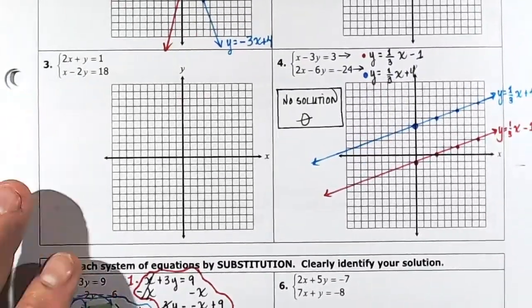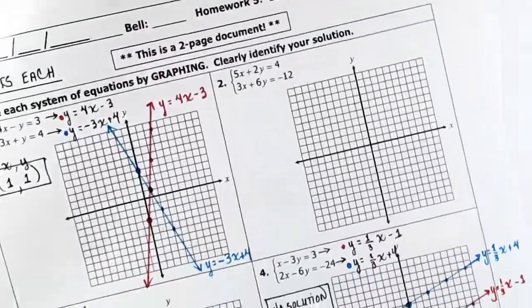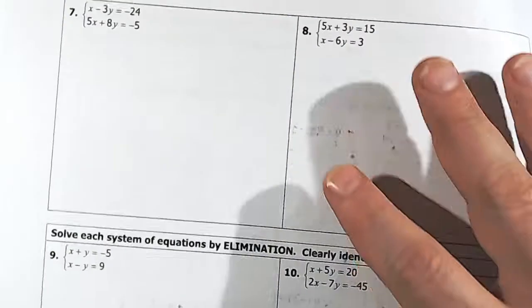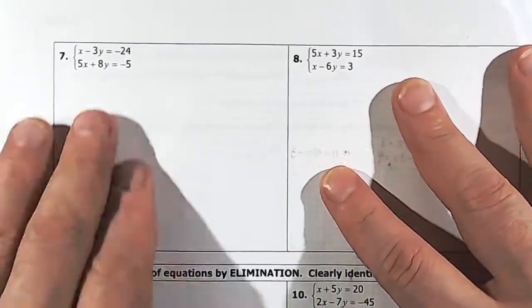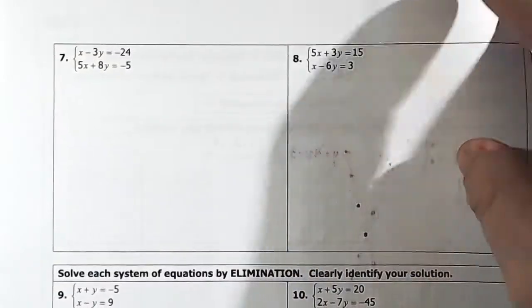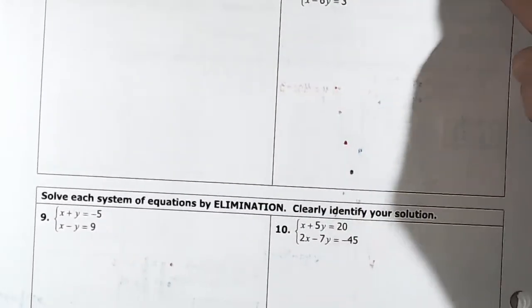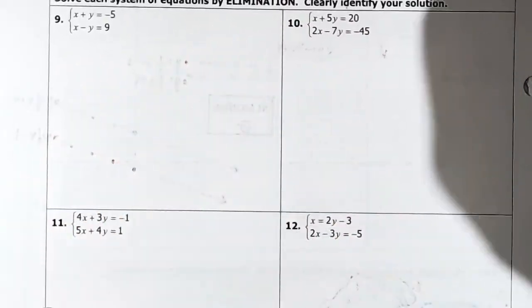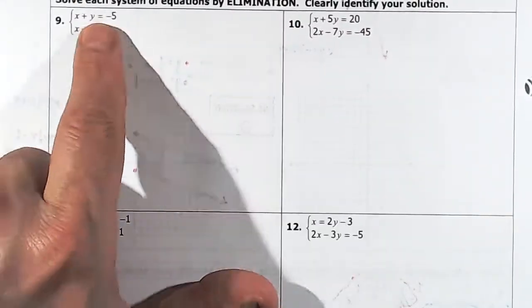Okay, so you do number 6, and I'm looking here at number 7 and number 8, and I don't see any real problems here. You should be able to do number 7 and 8 as well. Number 9. This one's easy.